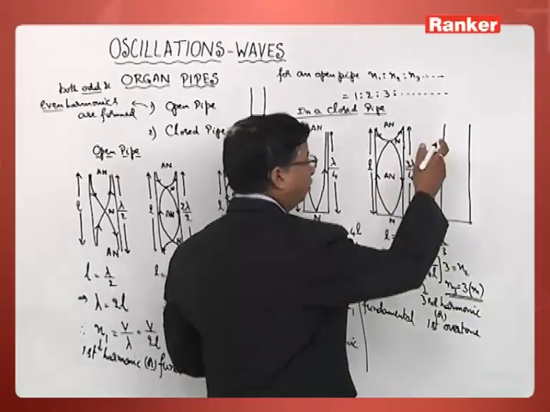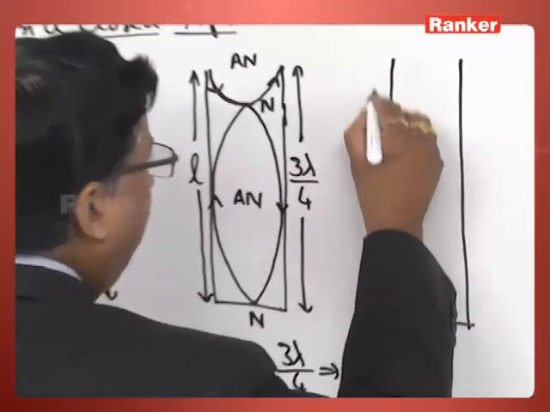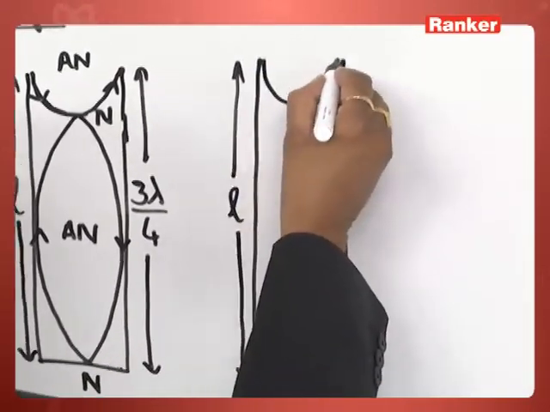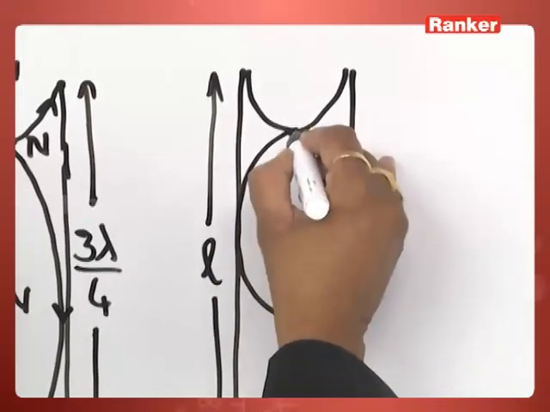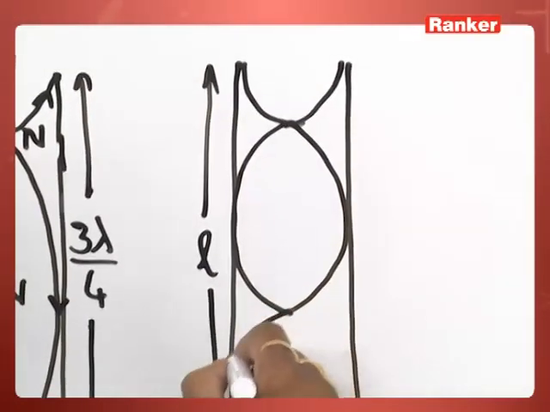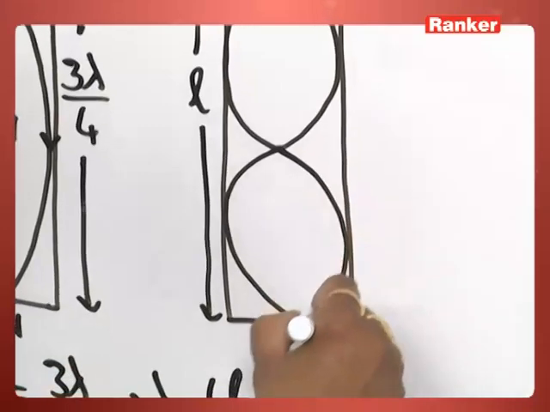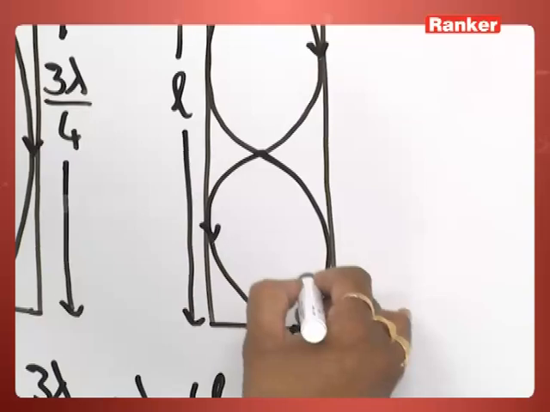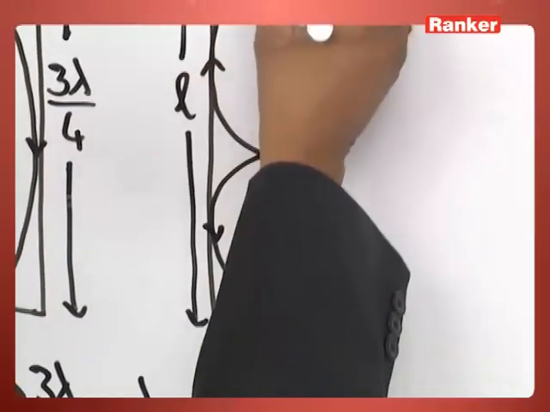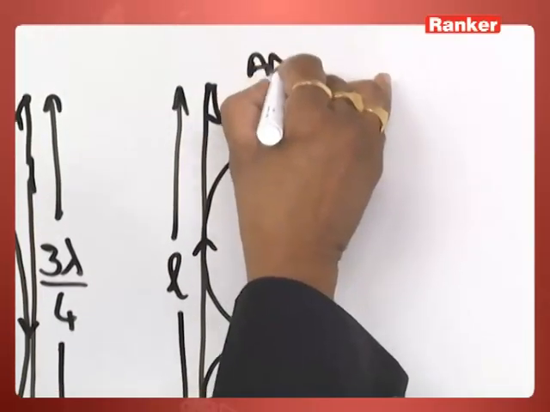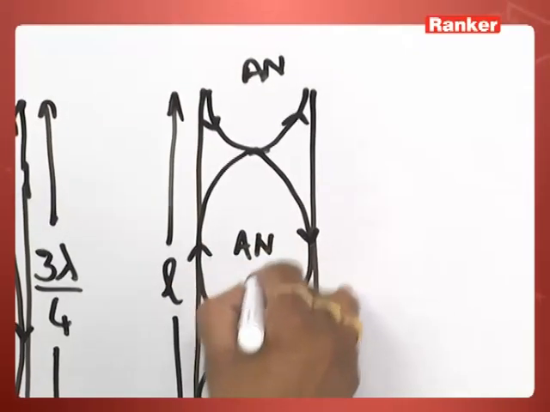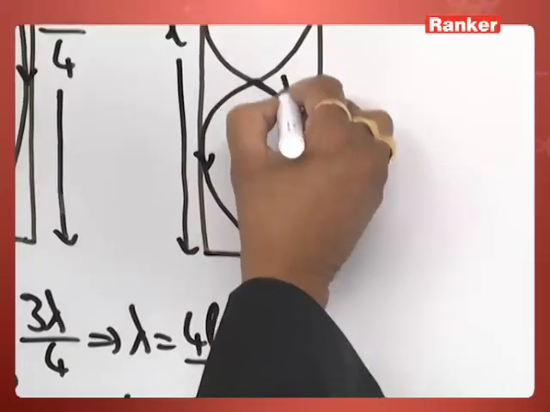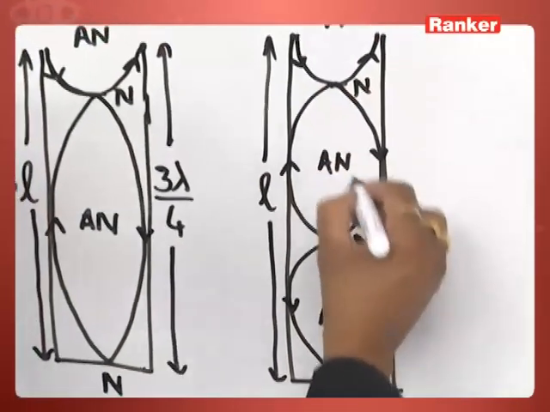In the fifth harmonic, what is the basic construction of the wave formation? If you take, there will be 2 loops in full like this. And of course, we will find an antinode here at the open end, second antinode here, third antinode here, one node at this closed end, the second one here and third one here.